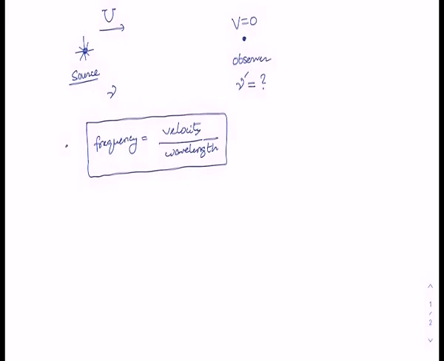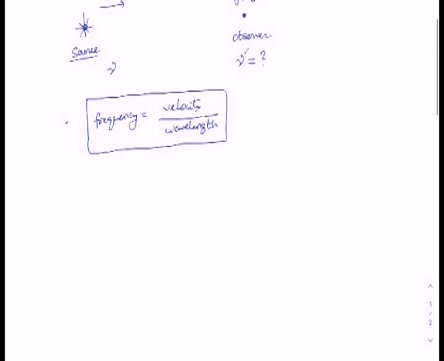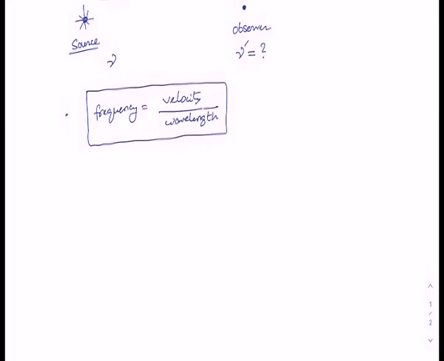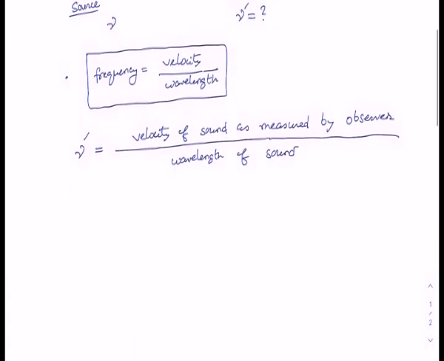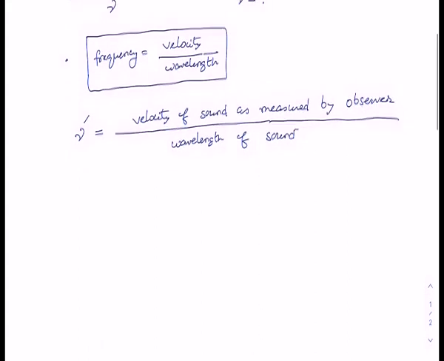That's why I said you can work it out from the fundamental or first principles. So the frequency as measured by the observer would be the velocity of sound as measured by the observer, divided by the wavelength of sound.